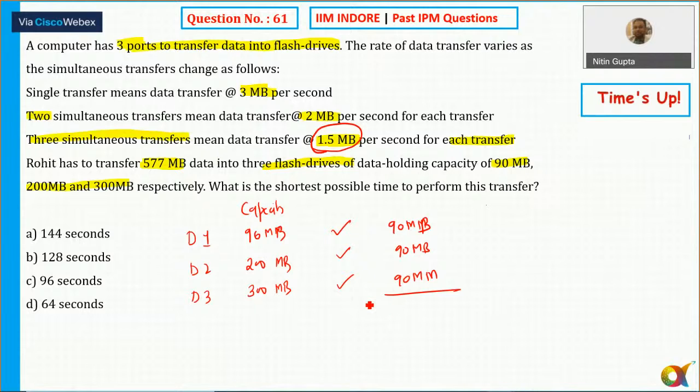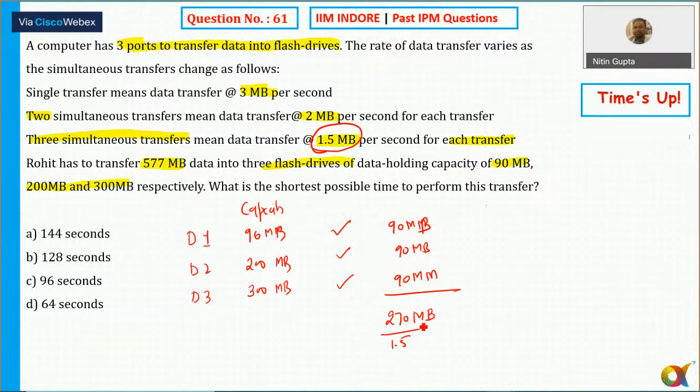Just wait. For 1.5 MB per second, divide by 1.5 MB and you'll get the total time. So what is 270 upon 1.5 MB? What will this value come out to be? That way we can find out.